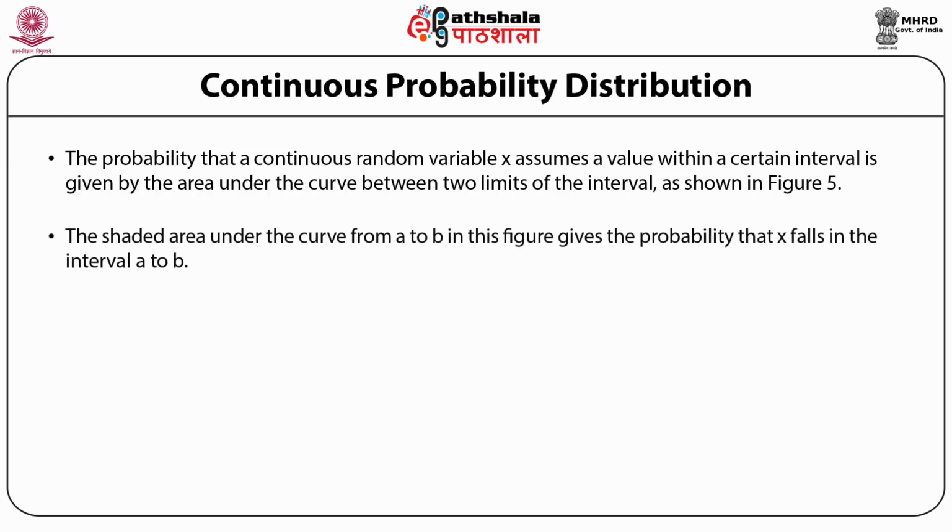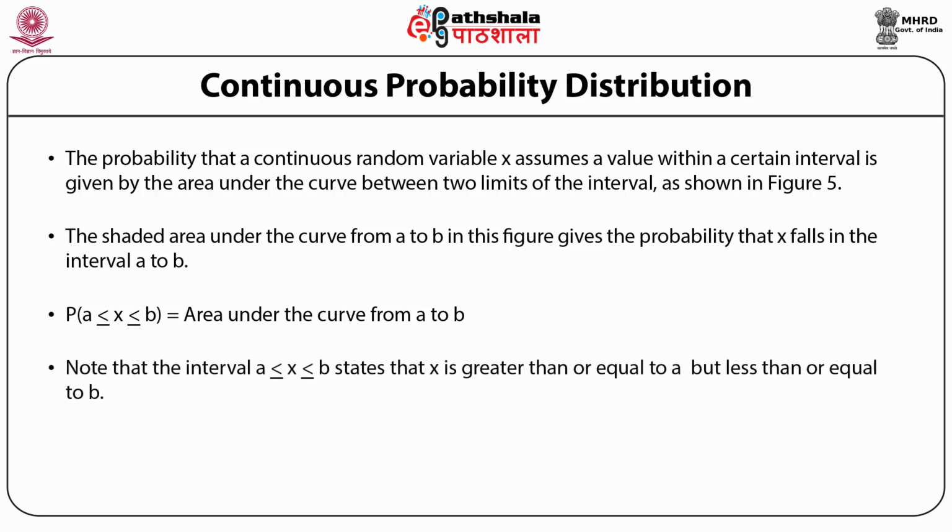The shaded area under the curve from A to B in this figure gives the probability that x falls in the interval A to B. That is, probability A less than or equal to x less than or equal to B is equal to the area under the curve from A to B. Note that the interval A less than or equal to x less than or equal to B states that x is greater than or equal to A but less than or equal to B.